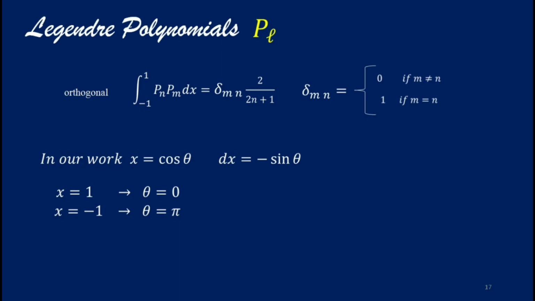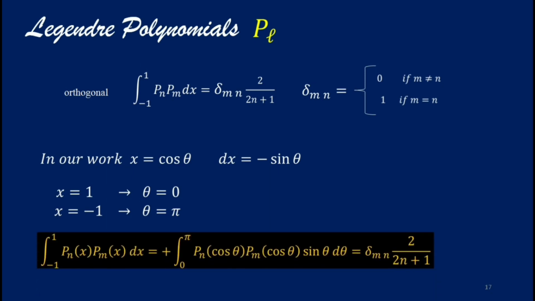In our work we are used to dealing with the spherical coordinate system. So put x equal to cos theta, so dx will be negative sin theta d theta. For x equal to 1, theta will be 0 because cos 0 equals 1, and x equal to negative 1 for theta equal to pi. So we change the limits of integration from negative 1 to 1 to 0 to pi.